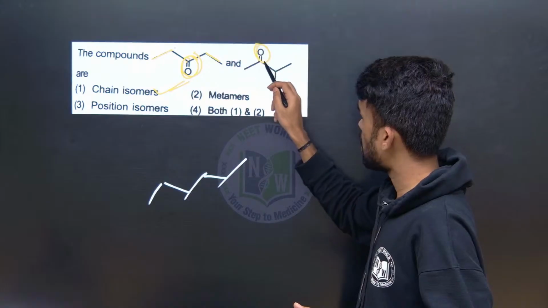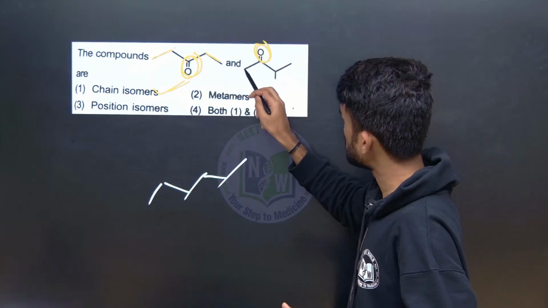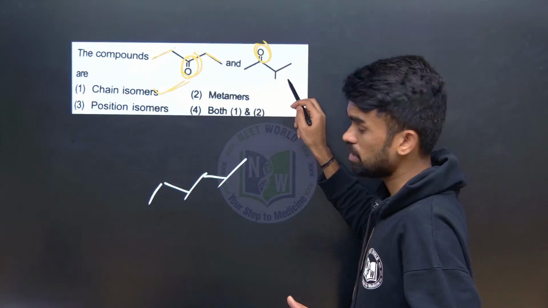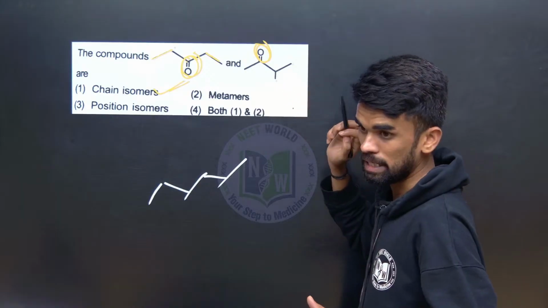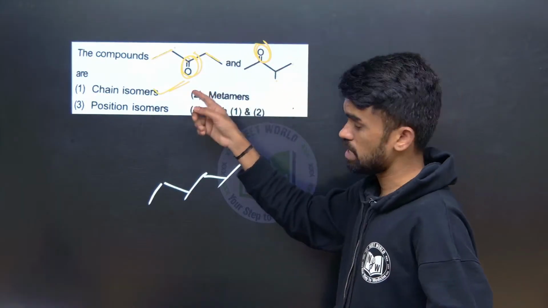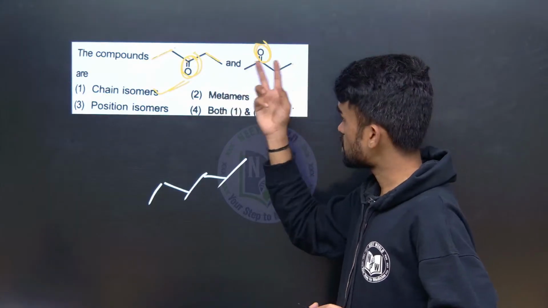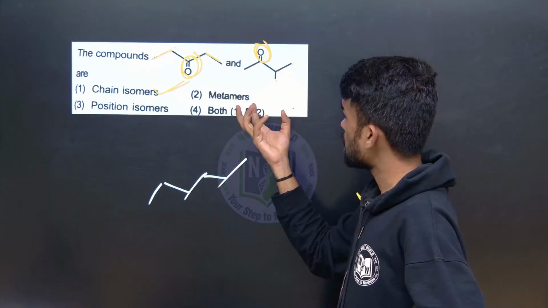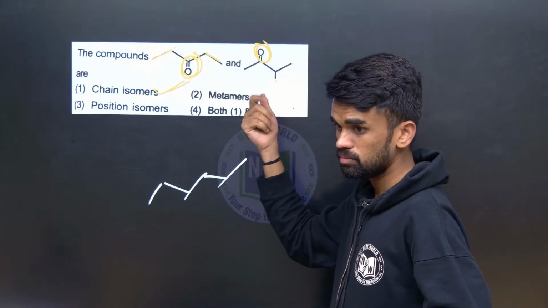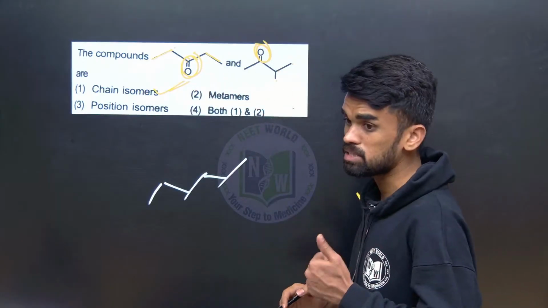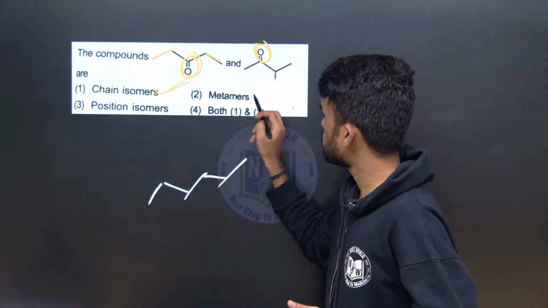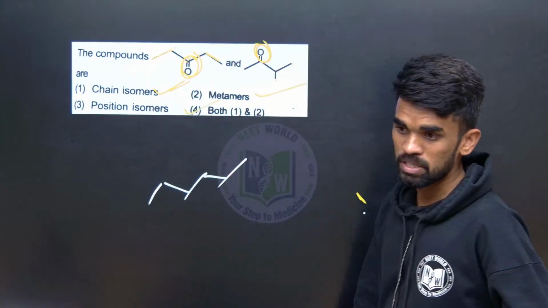Here we have the same functional group, but this side is methyl, and this is 1, 2, 3 propyl. Same chemical formula for both, the functional group is also the same, but the alkyl group attached is different. So we can say them as metamers also. So chain isomers and metamers. So option 4 is correct.